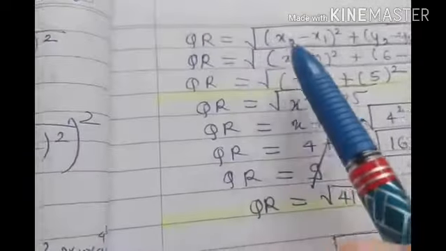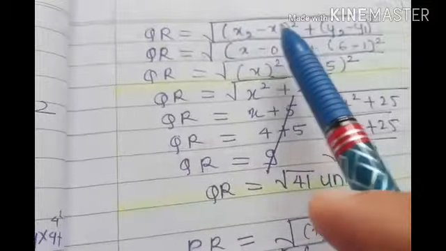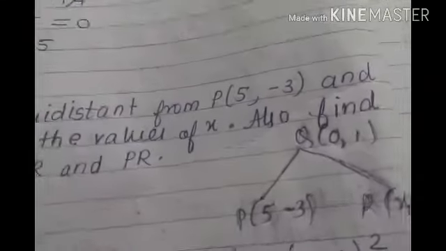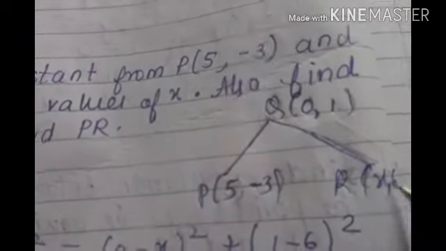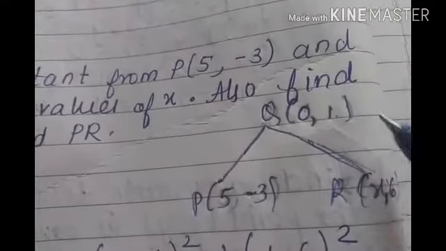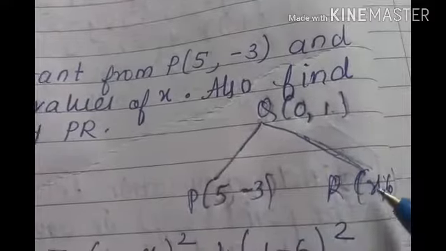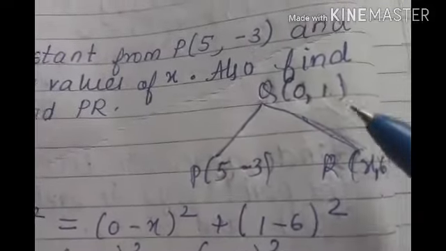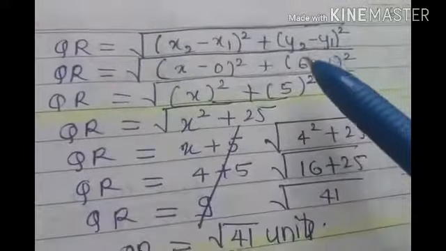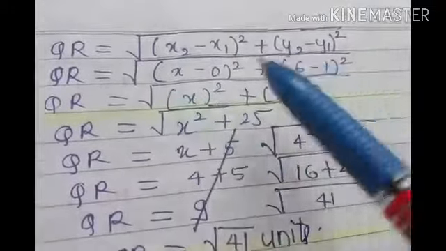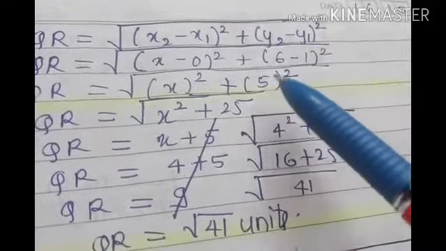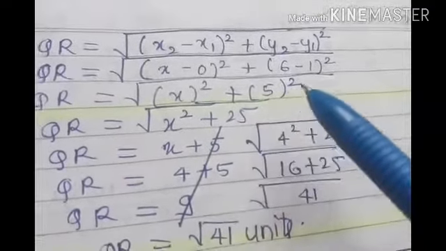So QR, the distance formula is x2 minus x1 the whole square plus y2 minus y1 the whole square. Let's take x as x2, so x minus 0 the whole square plus y2 is 6, y1 is 1, so 6 minus 1 the whole square. So it is root of x square plus 25.